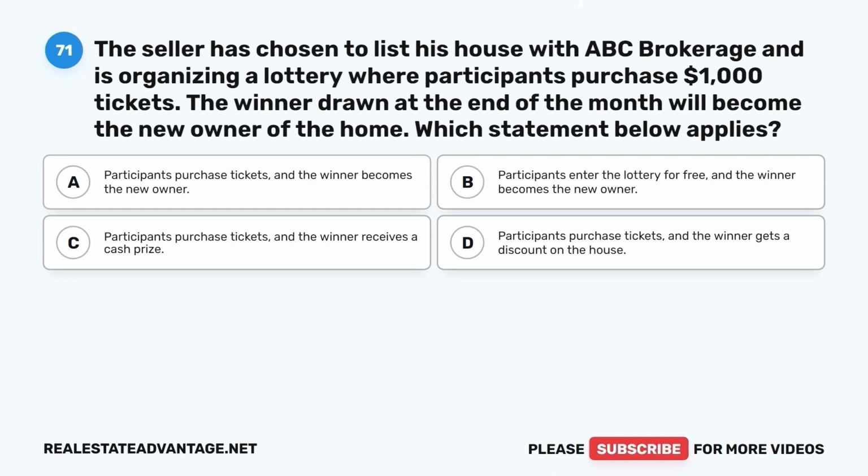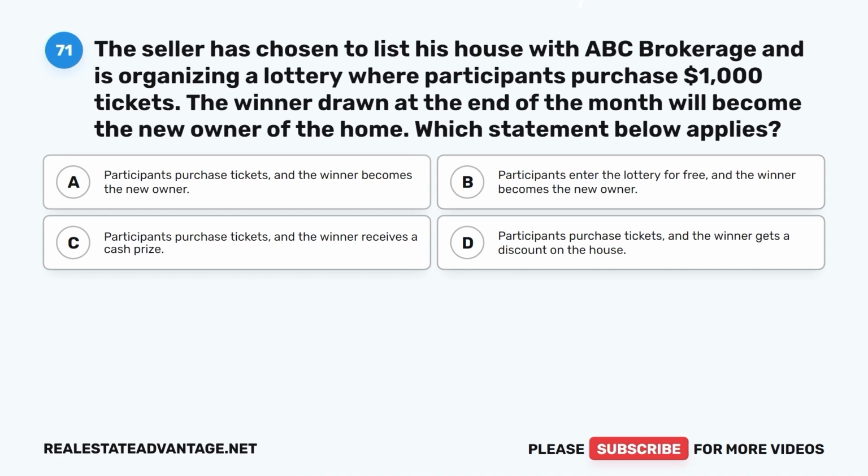Question 71. The seller has chosen to list his house with ABC Brokerage and is organizing a lottery where participants purchase $1,000 tickets. The winner drawn at the end of the month will become the new owner of the home. Which statement below applies? A. Participants purchase tickets and the winner becomes the new owner. B. Participants enter the lottery for free and the winner becomes the new owner.